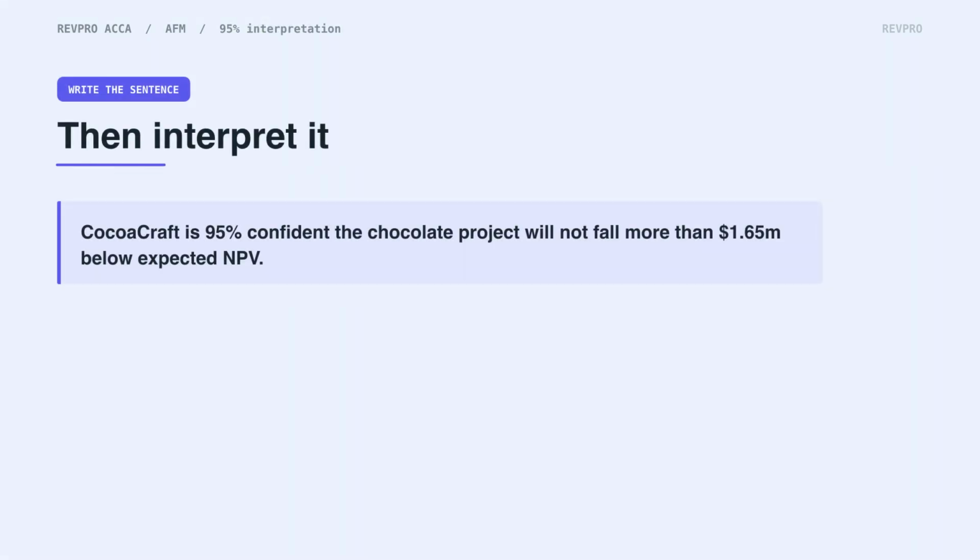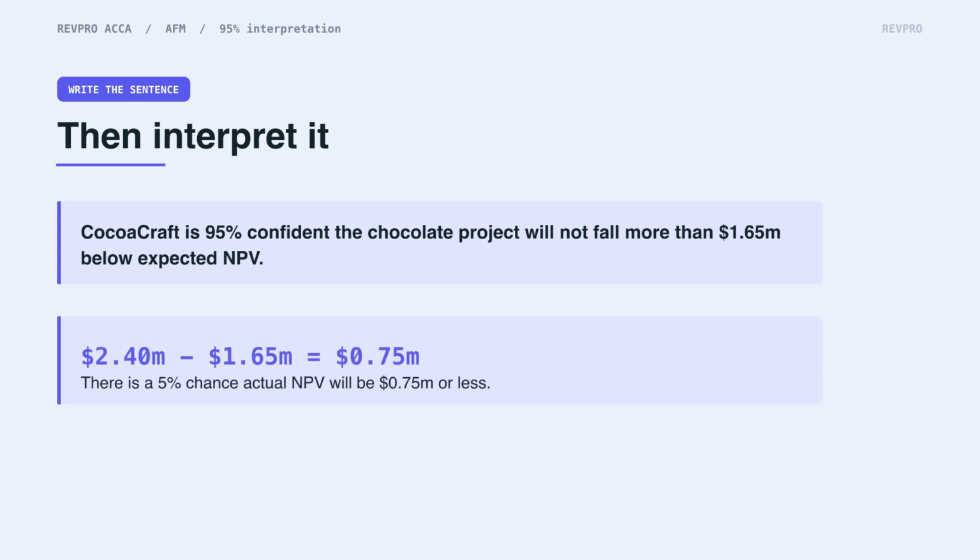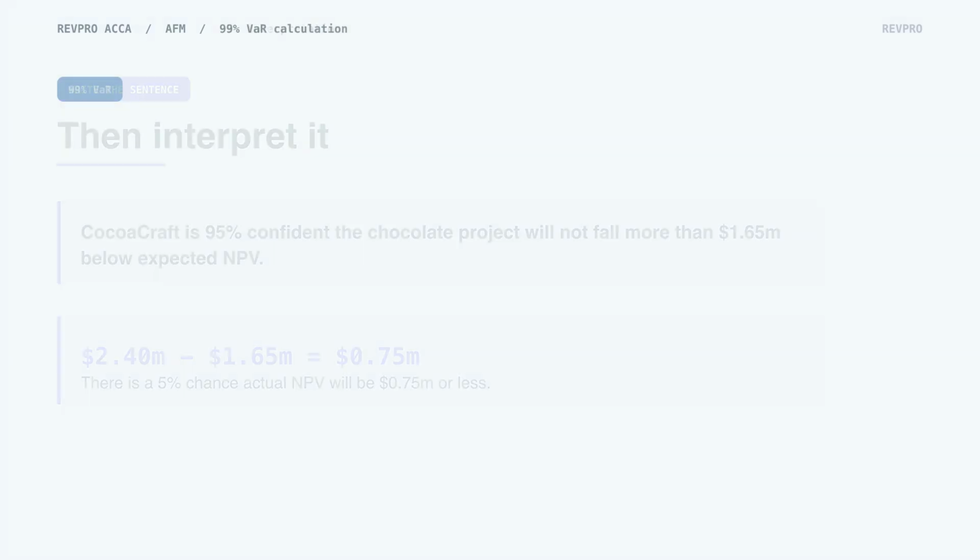CocoaCraft is 95% confident that the project will not fall more than $1.65 million below its expected NPV. Since expected NPV is 2.4 million, the downside threshold is 2.4 minus 1.65, which is $0.75 million.